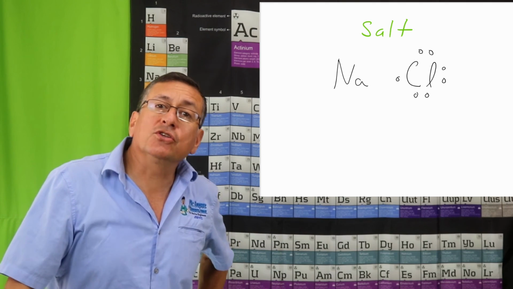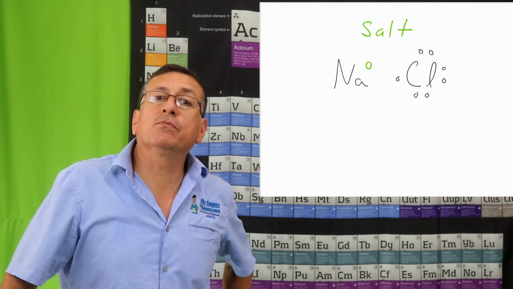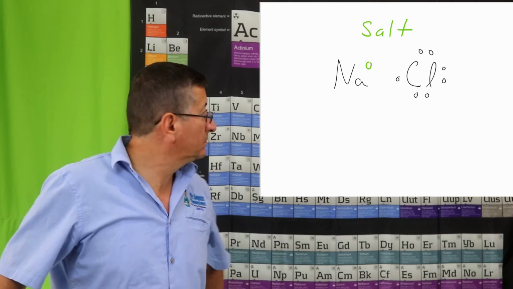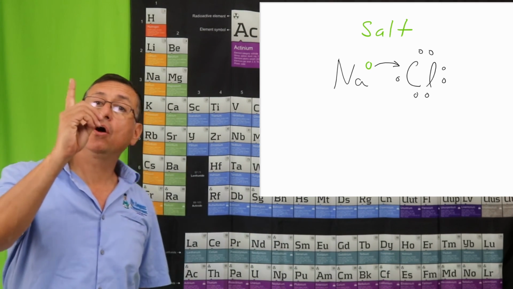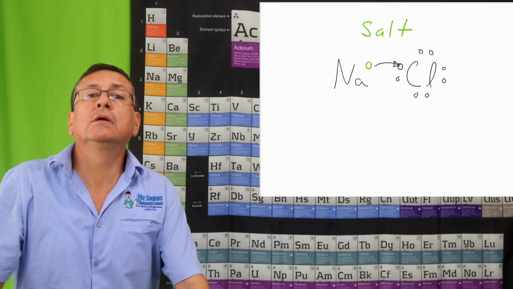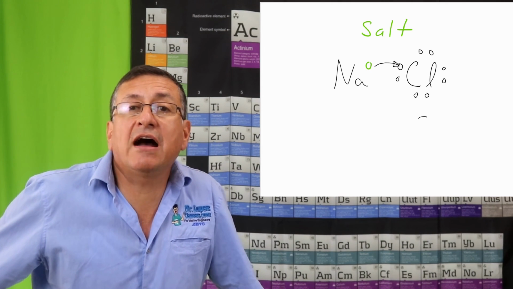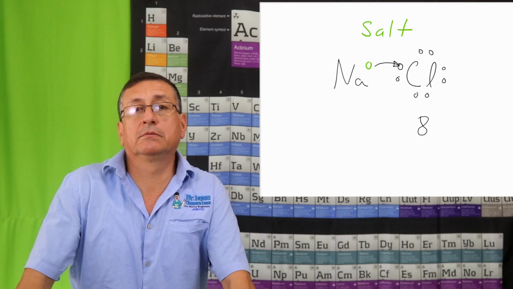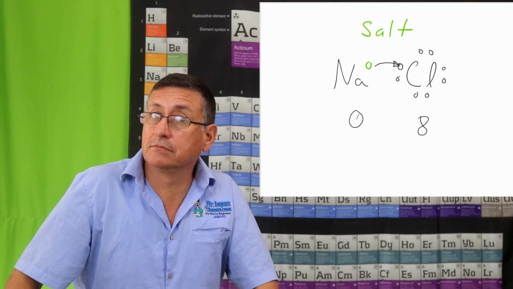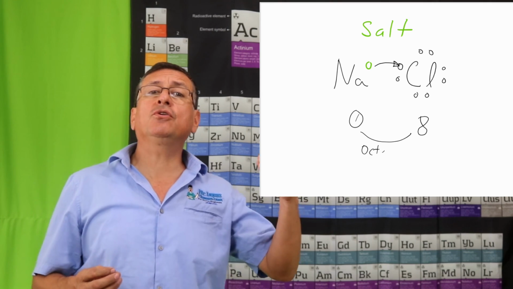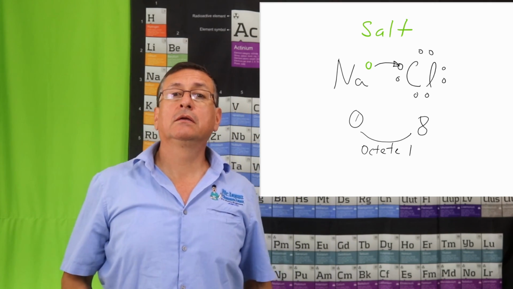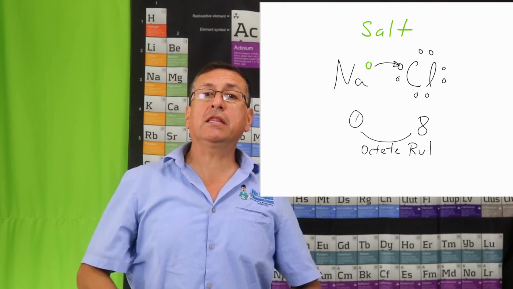How many electrons does sodium have in the last orbit? Only 1 electron. How many electrons does chlorine have in the last orbit? 7. What happens if sodium is close to chlorine? They can connect together?